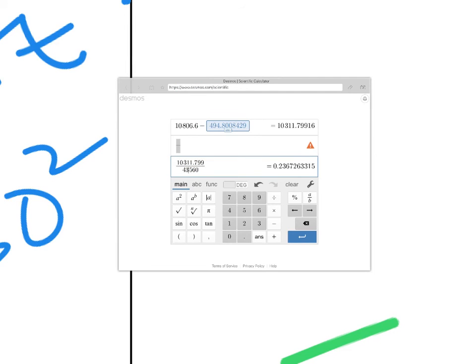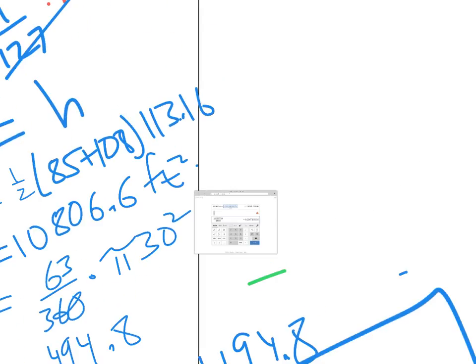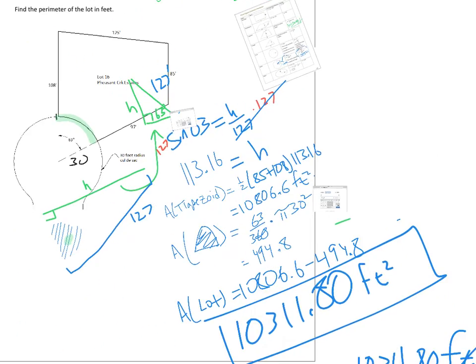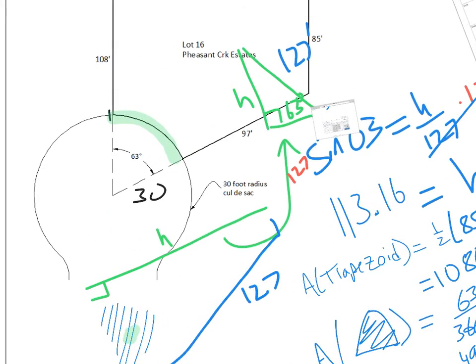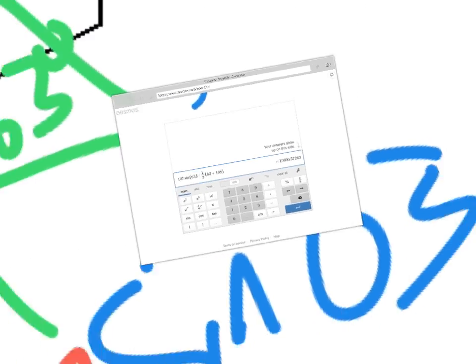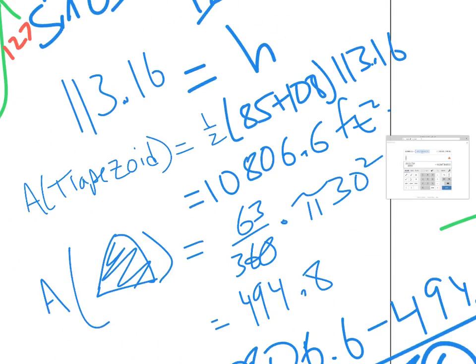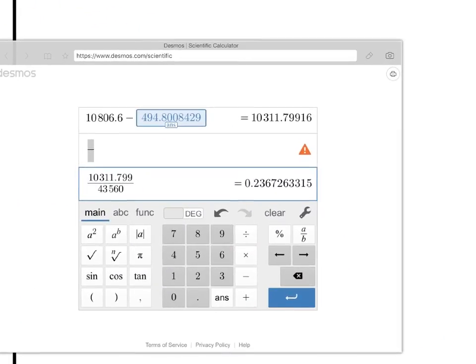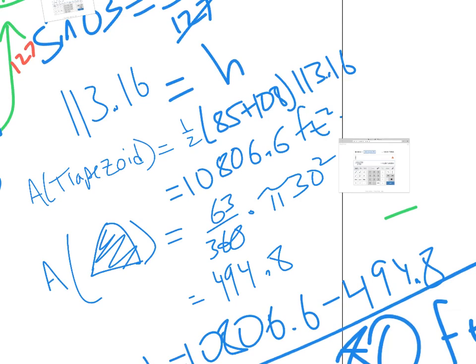So it looks like we have 0.24 acres, okay? 0.24 acres, all right. So not a giant, even though it's got some shape to it. So, what's that number again? Wrong calculator. 0.237.